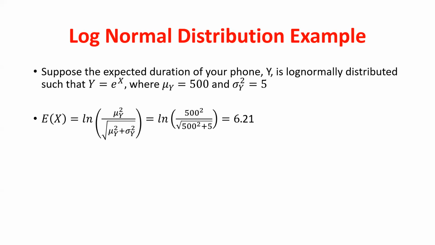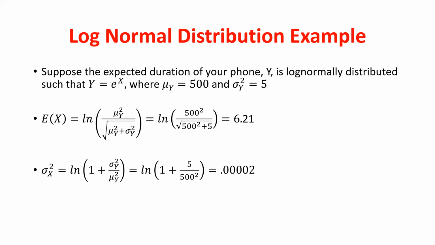Or you can think about it here, it's giving me the mean of x. So I have 6.21. And then we use that same mean and variance, and we plug it into that equation we had for the variance of x, which is, once we plug those in, 0.00002.